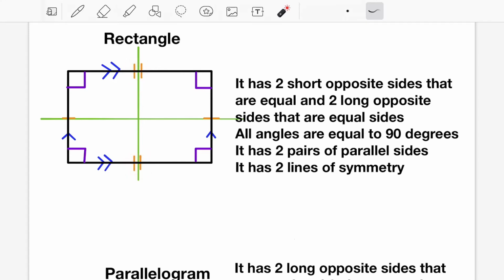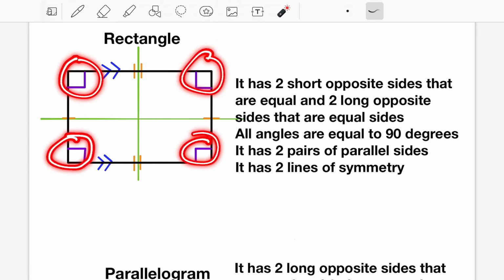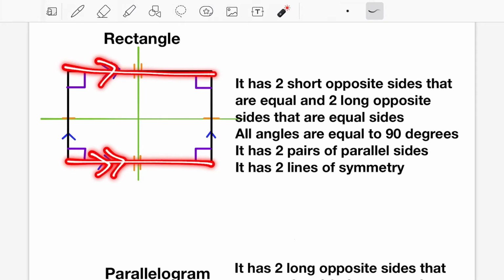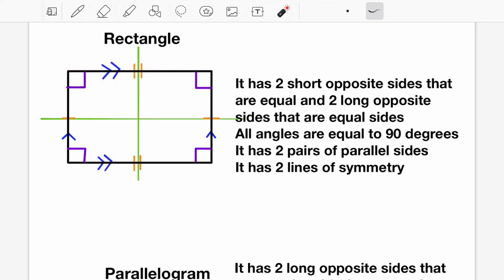Then we have all angles are equal to 90 degrees. It has two pairs of parallel sides. So one pair, two pairs. Notice we have the arrows showing the pairs of parallel sides. And lastly, two lines of symmetry. 1, 2.